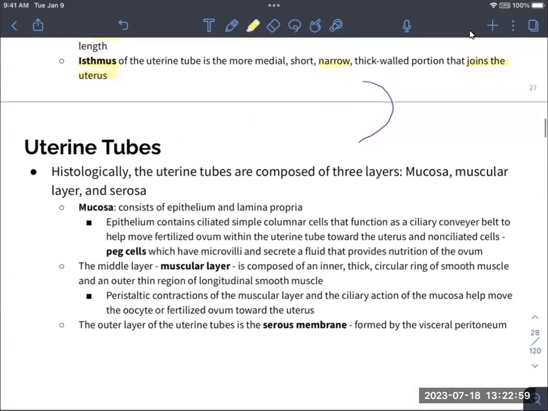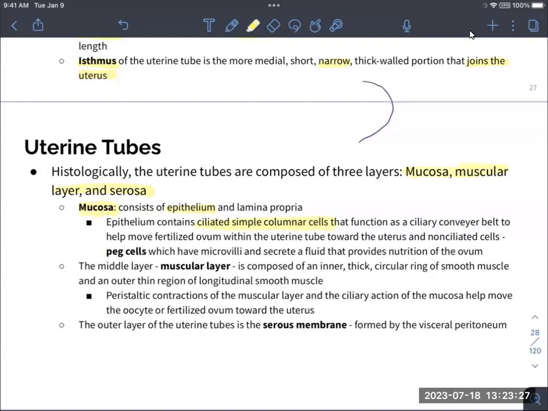So histologically, we have that mucosa, we have a muscular layer, and we have a serosa. So this mucosa, this is that inside layer, and it's going to be ciliated simple columnar epithelial cells. The cilia beat to help move that ovum down that uterine tube.